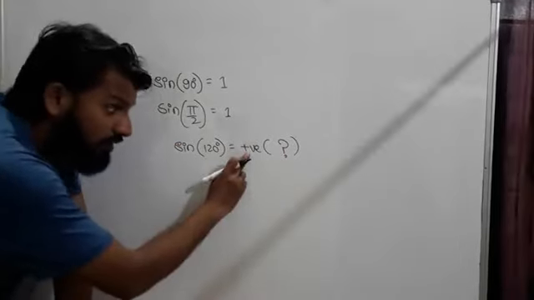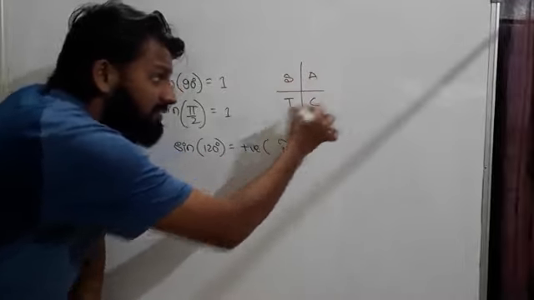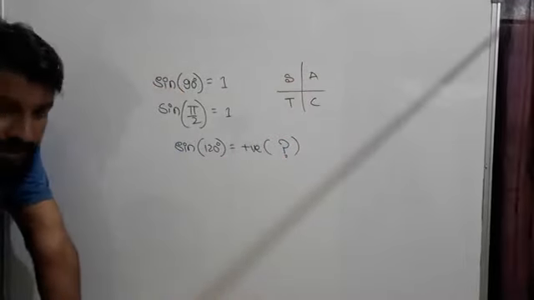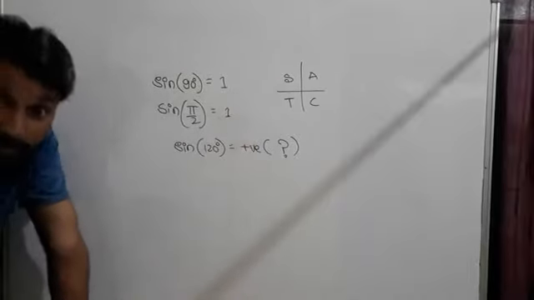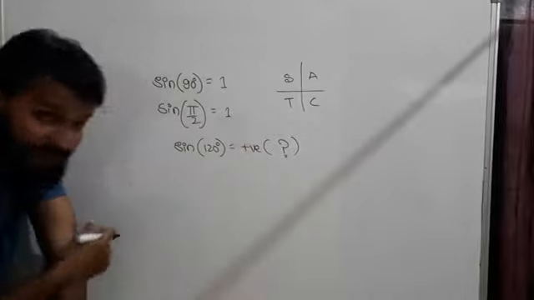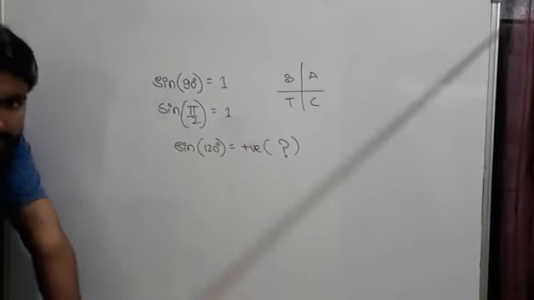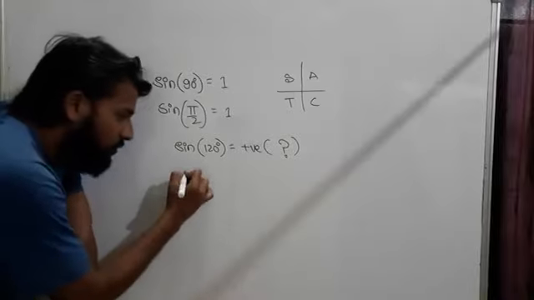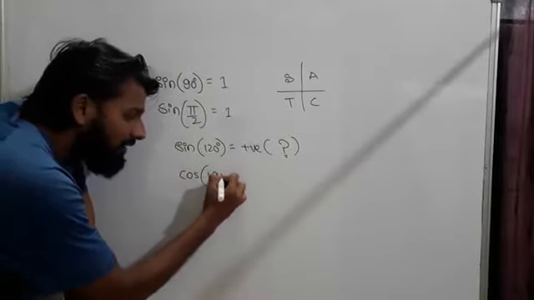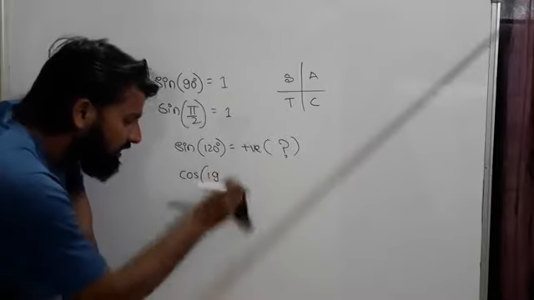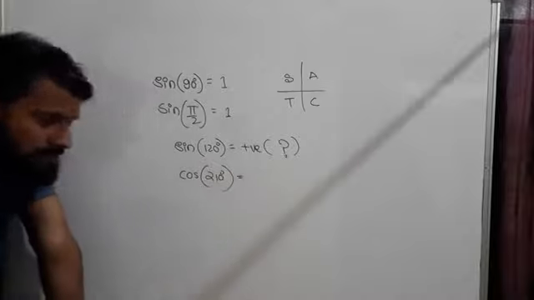Why is it positive? Again ASTC, isn't it? I can easily say 120 degrees comes in the second quadrant and is positive, but that gives the sign only. What about the value? How to find that? Similarly, if I ask you what is cos of 210 degree, how to find it?